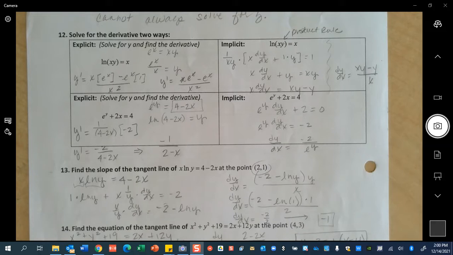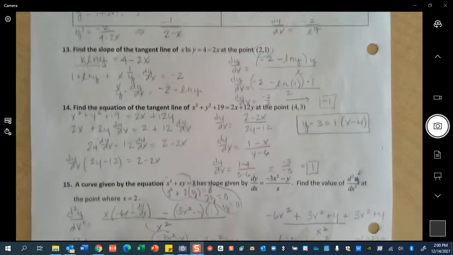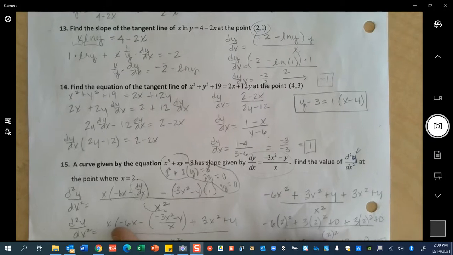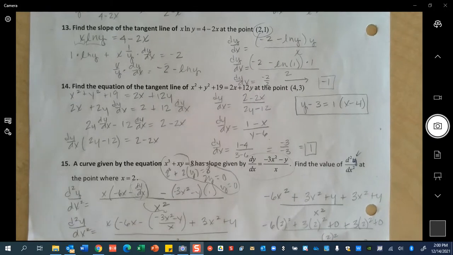The whole idea of doing something implicitly is to have that y value for when somebody does give me an x and y. And that's kind of what we're talking about down here with 13, 14, and 15. This is an implicit equation. I've got the natural log of y and an x and everything, and then I've got that point. So I just dive right in and start taking the derivative. This is the product rule.